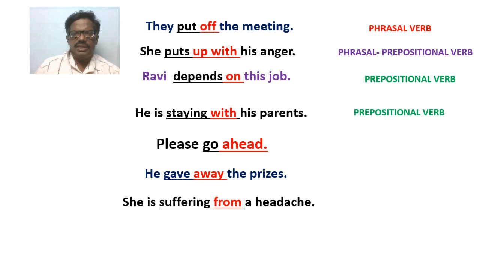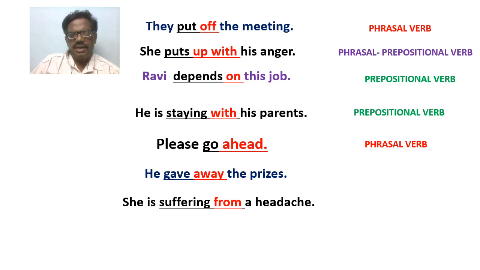And in the fourth sentence, the multi-word verb is called prepositional verb because here also the particle with cannot be separated, cannot be placed after the object, his parents. And in the next sentence, the multi-word verb is called phrasal verb because it has no object after this.